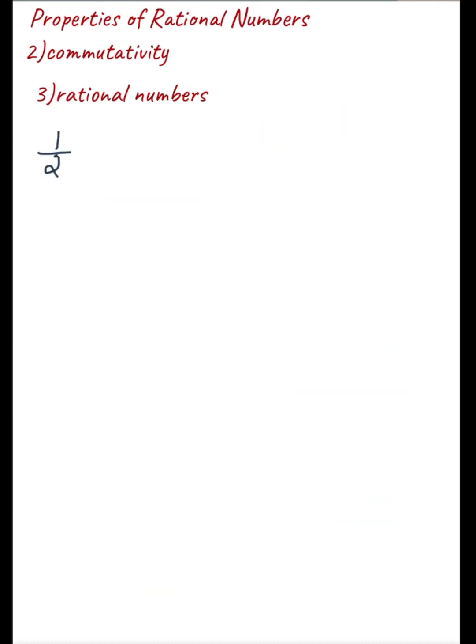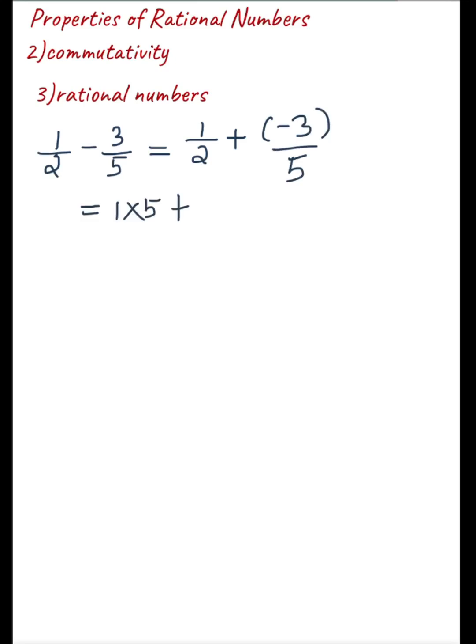I am taking 1 by 2 minus 3 by 5. Okay, so how will you write this? You can write it as 1 by 2 plus minus 3 by 5. 1 into 5 plus minus 3 into 2. Okay, divided by, what is 2 into 5? It's 10.